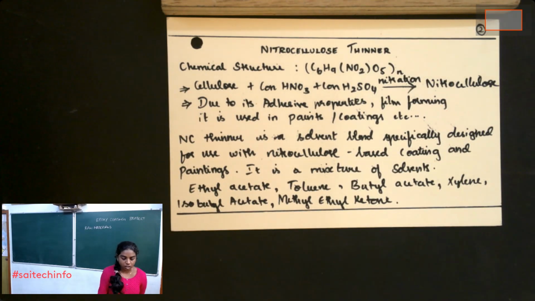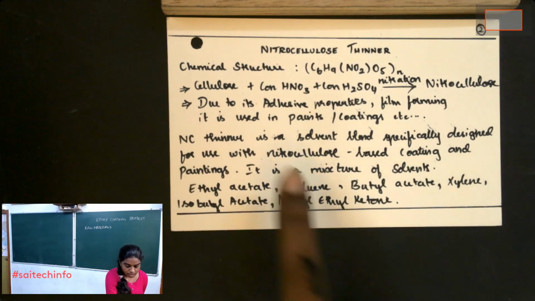Before moving into nitrocellulose thinner, we all know that cellulose is nothing but the natural polymer which we obtain from the cell wall. So we can obtain nitrocellulose from cellulose by adding concentrated nitric acid and concentrated sulfuric acid. The process of production of nitrocellulose is nitration.